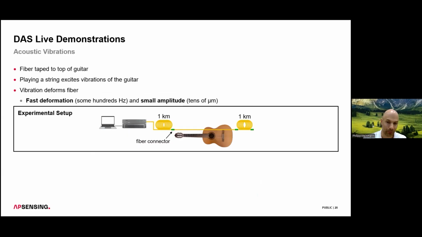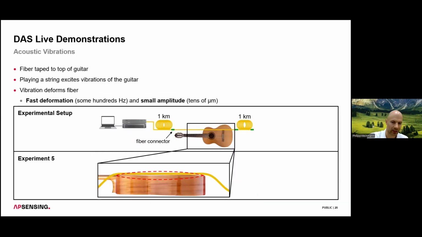If I start playing a string of the guitar, then what's going to happen is that the housing of the guitar starts to oscillate. So that means the top surface will start to resonate. You will have mechanical vibrations with very small amplitudes, actually, compared to what you just saw.